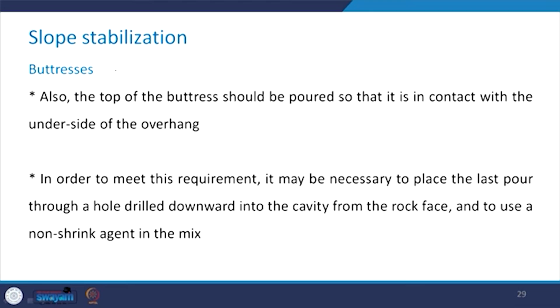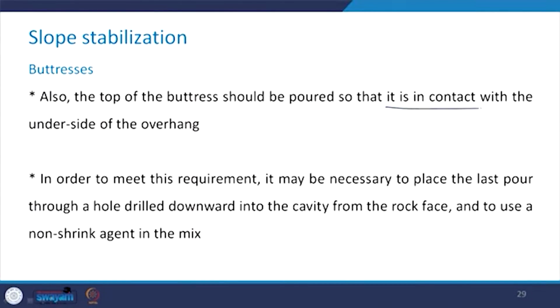In order to meet this requirement, it may be necessary to place the last pour through a hole which is drilled downward into the cavity from the rock face, and to use a non-shrink agent in the mix so that it remains as it is, and the buttress is in contact with the underside of the overhang, because if this contact is not established, the purpose of the provision of the buttress will not be served.